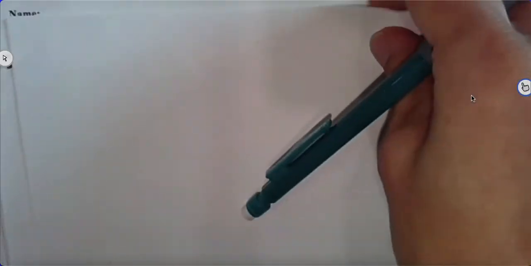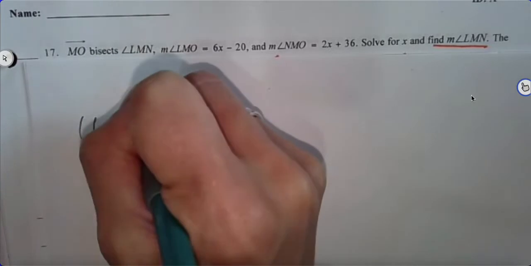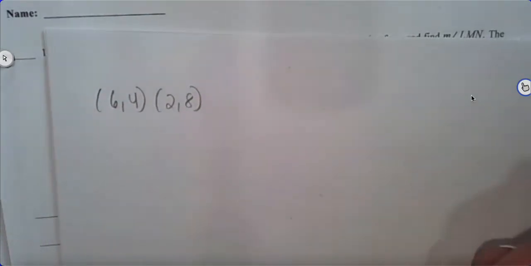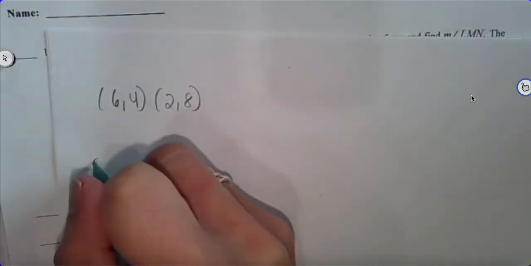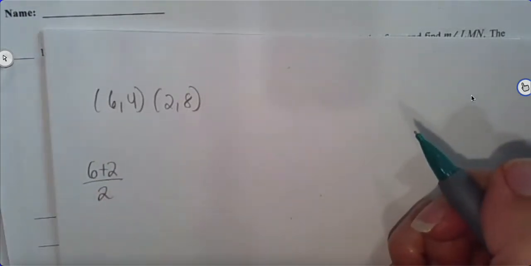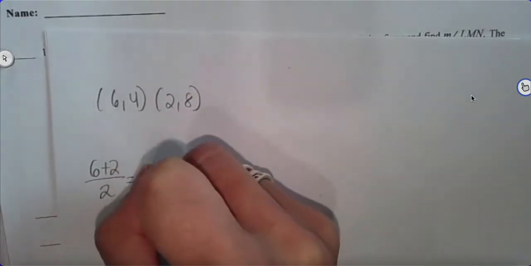So, number 18, it says we have 6, 4 and 2, 8. How do I find the middle? Add them and divide by 2. So for my x's, what are my x values? 6 plus 2, and then I'll divide it by 2. What is 6 plus 2? 8. 8 divided by 2 is 4.